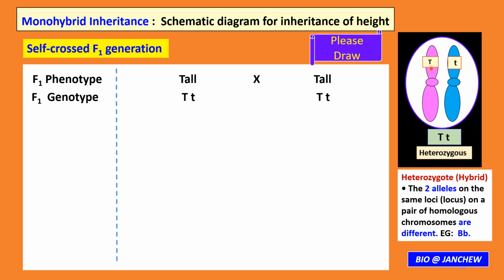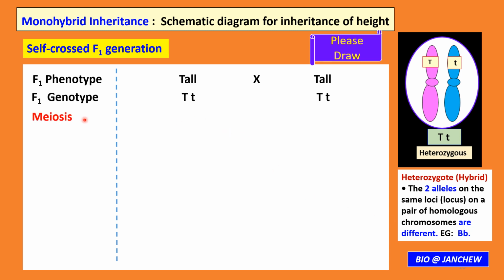Okay, because the capital letter represents the dominant allele and the small letter, small t, represents the recessive allele that controls the same characteristic. Okay, so another example is big B, small b. Big B is a dominant allele that determines a particular trait, and then the small b is the recessive allele. So an organism with this genotype is a heterozygote or a hybrid.